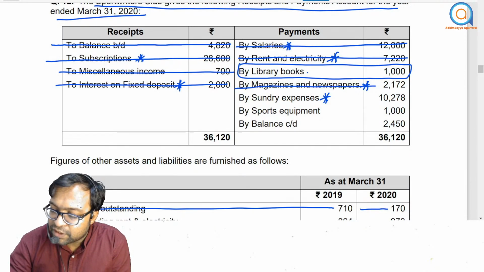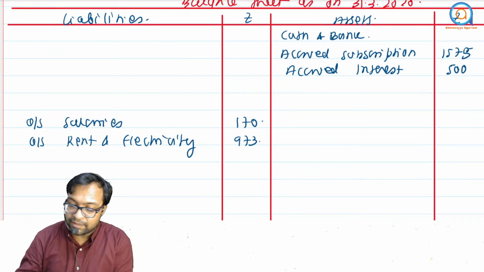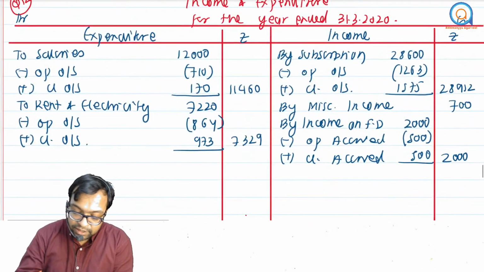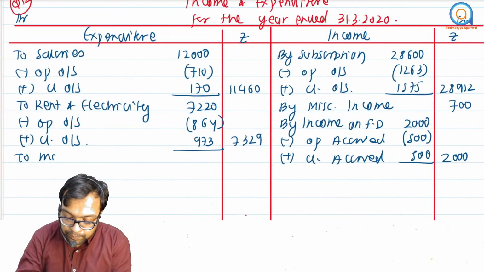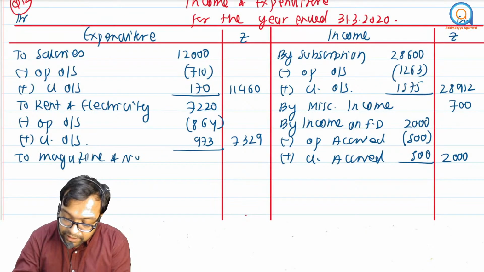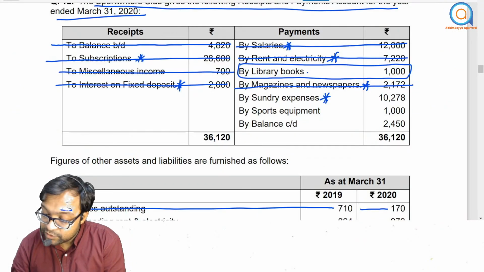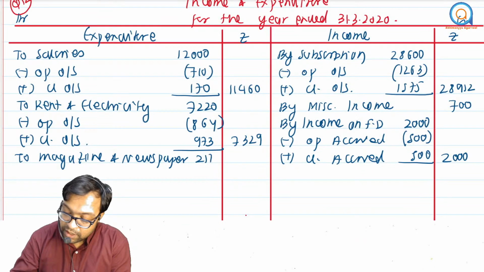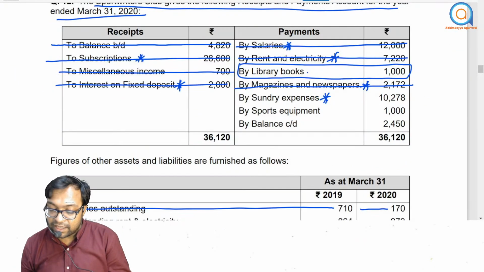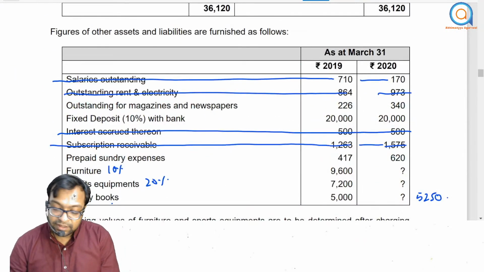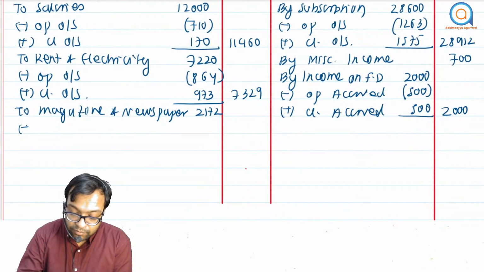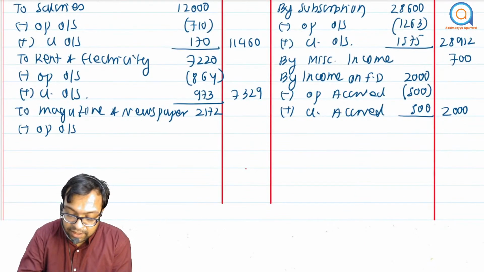Magazine and newspaper 2172. तो खर्चा में, I mean expense में, you go and write to magazine and newspaper. How much is it? 2172. Now in magazine newspaper again there was an adjustment of outstanding na. So write down minus opening outstanding plus closing outstanding.